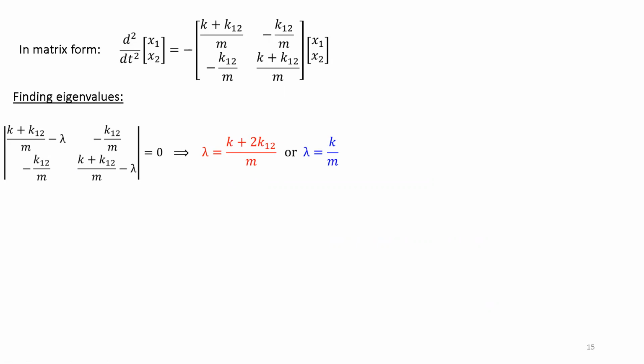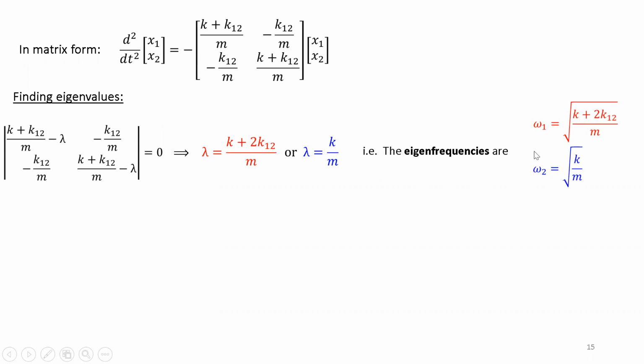And remember, this lambda can be written as omega squared. So that's why this omega 1 is the square root of this, and omega 2 is the square root of this, because later you'll find that the solution is cosine omega 1 t and cosine omega 2 t.